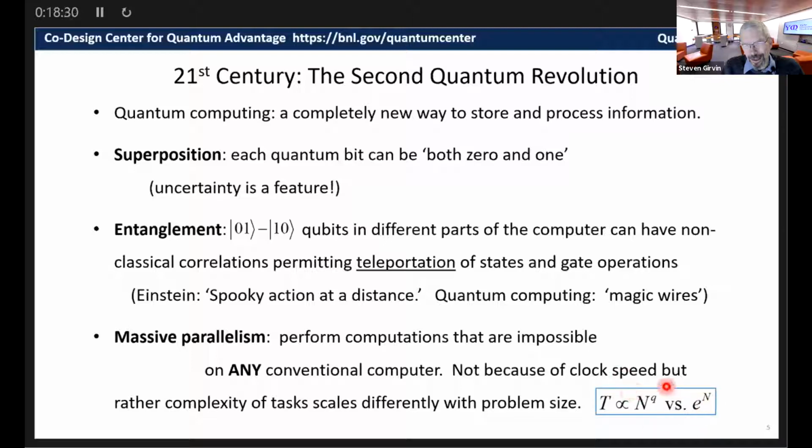And for a quantum algorithm, it might be polynomial. And so if you get large enough problem size, even a slow clock speed will not prevent the quantum computer from being faster. But that's only the case if you can handle large problem sizes. And so far, we can't. We're still trying to build large-scale computers.